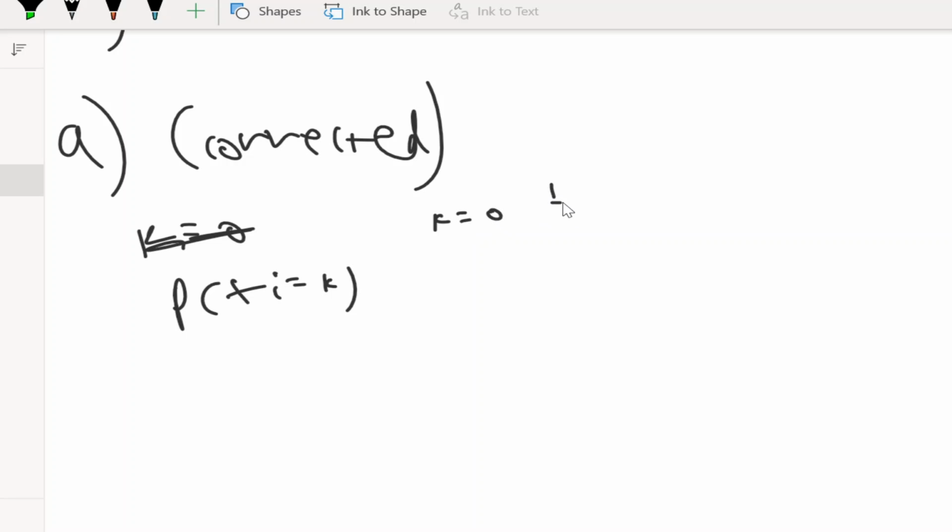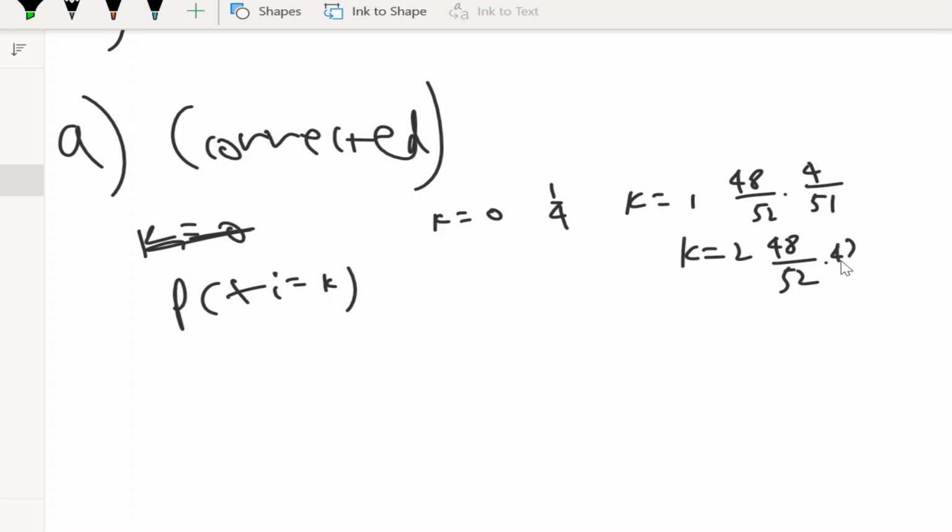Then that means we drew an ace immediately. k equals 1, we drew a non-ace, then we drew an ace. k equals 2, we drew a non-ace, drew a non-ace, but then we drew an ace, and so on using this pattern.